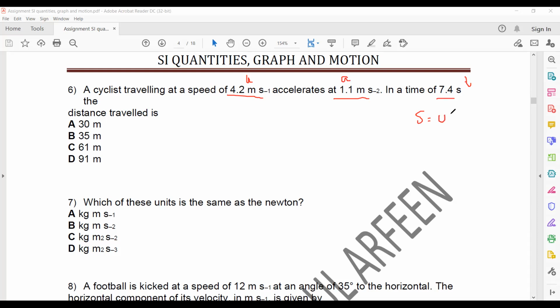So s is equals to u plus v divided by 2 multiplied by t, 2as equals v square minus u square, s is equals to ut plus half at square, and then v is equals to u plus at. We don't know the displacement, that is what we need. We have initial velocity, we have acceleration, and we have time. So we can use this equation.